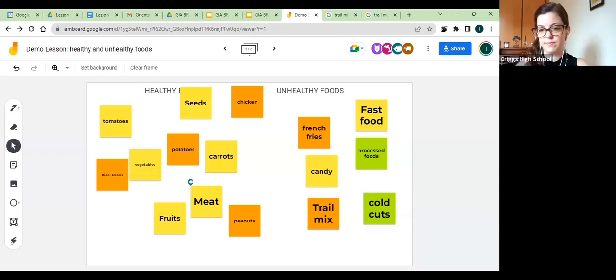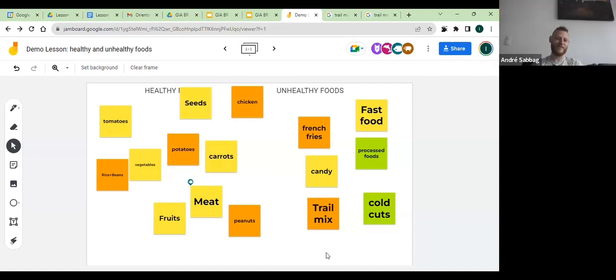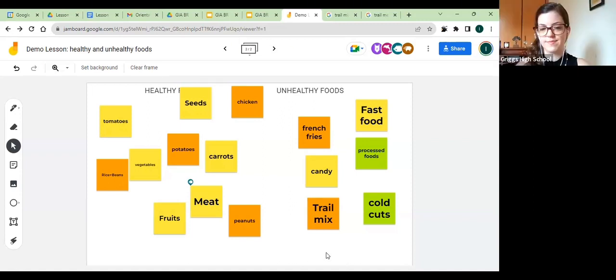They can be, but I don't know. Nuggets aren't healthy either. Then you have the trail mix. You just said they could be healthy. Depends on how they're made. I don't want to be moving things around. Just keep it here.